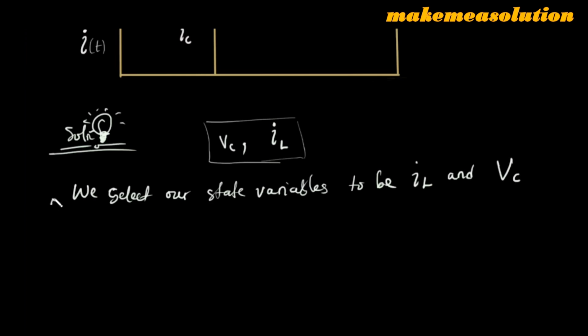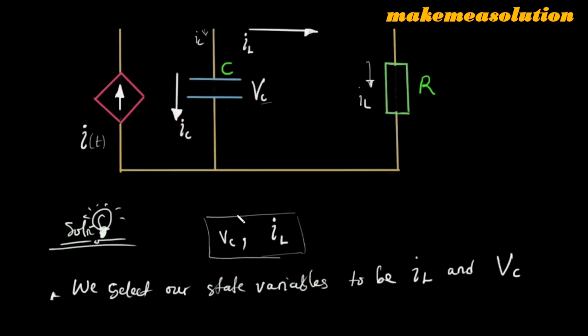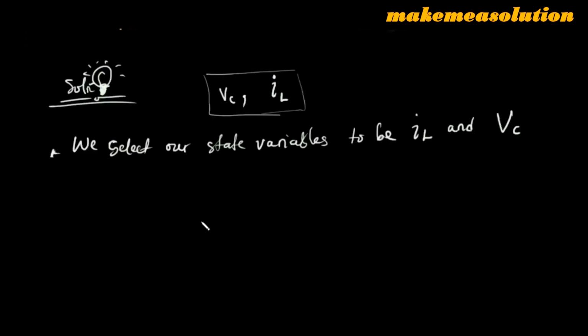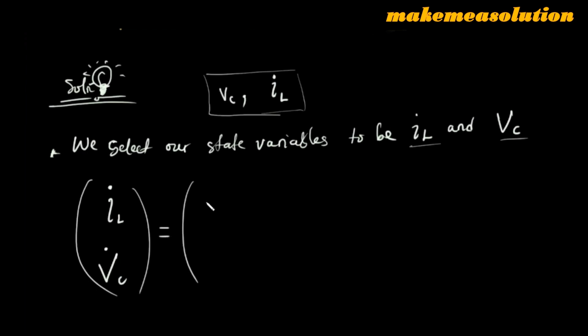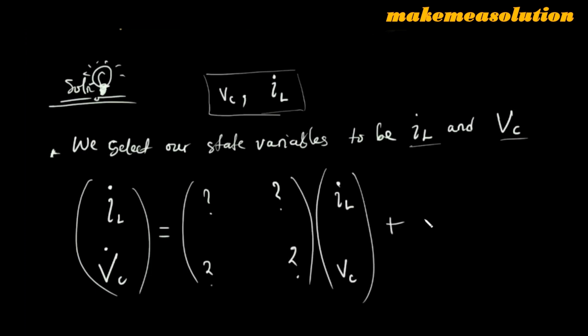So we're now going to derive equations from this system that will help us to derive the state of our system. Remember, since we have selected our state variables as IL and VC, we need to form our IL dot and our VC dot to be some particular matrix, which we don't know what it is going to contain, but we just know that here will be IL and here will be VC, then plus any inputs.